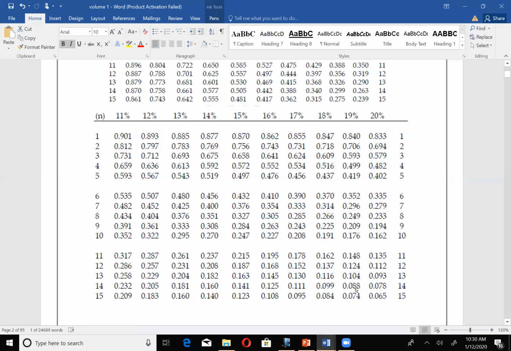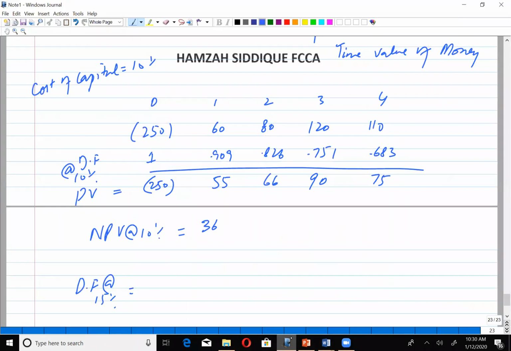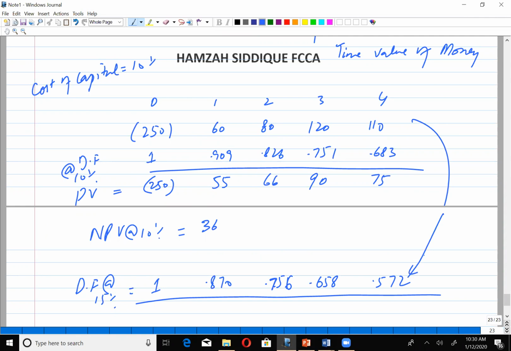Simply we copy the discount factors: 0.870, 0.756, 0.658 and 0.572. We will multiply these discount factors with the relevant cash flows.